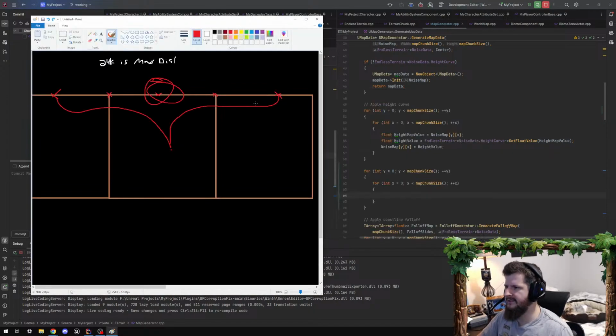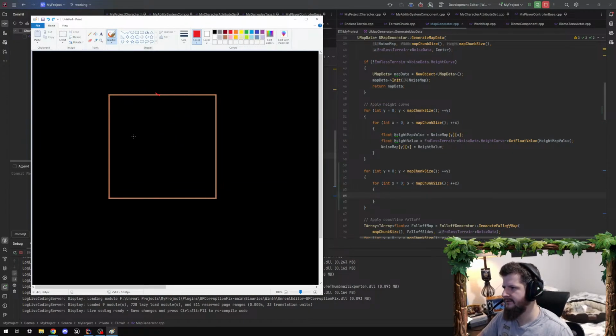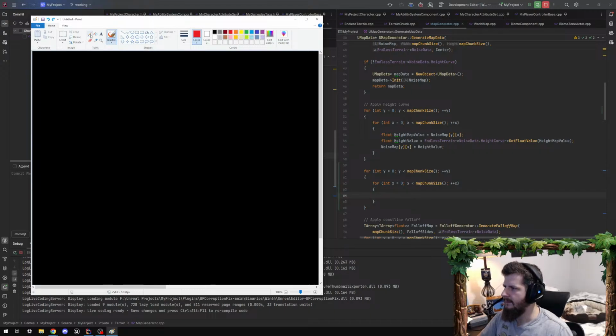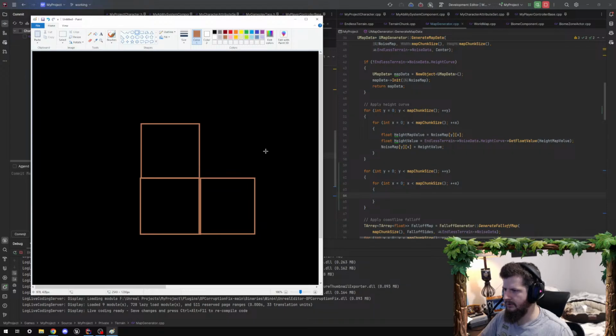MS Paint. We fixed this issue. This is fixed. Get rid of this. Boom. Okay, so. Let's get some chunks here. We chunking. It'd probably be easier if I just use lines here.